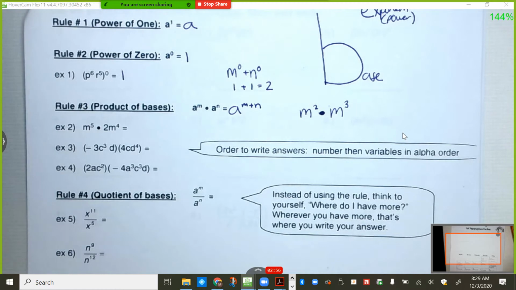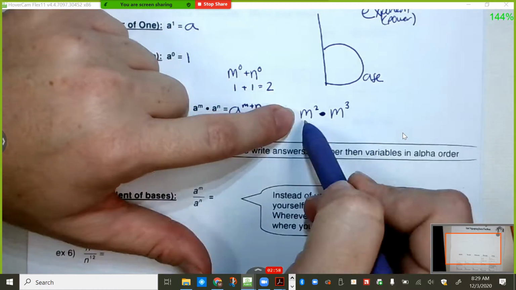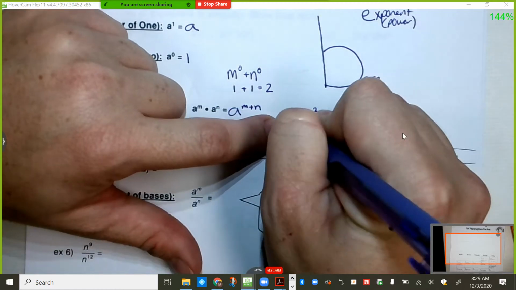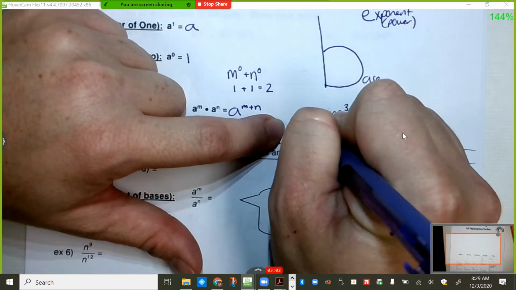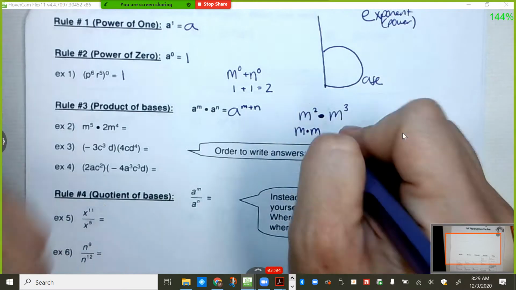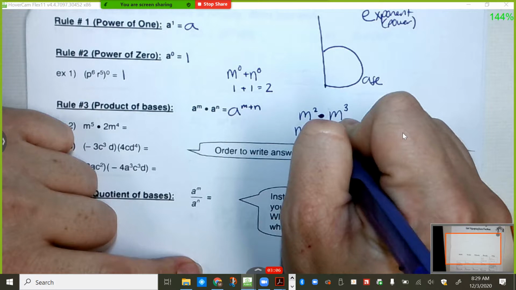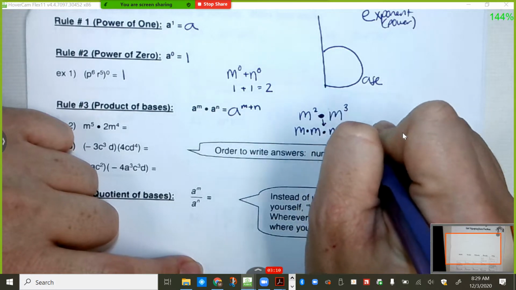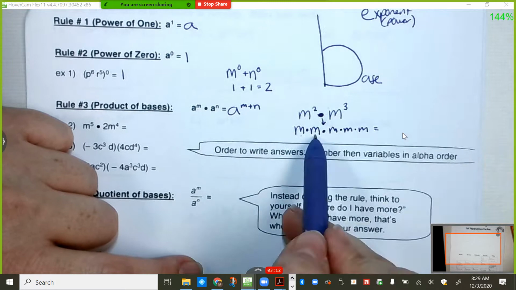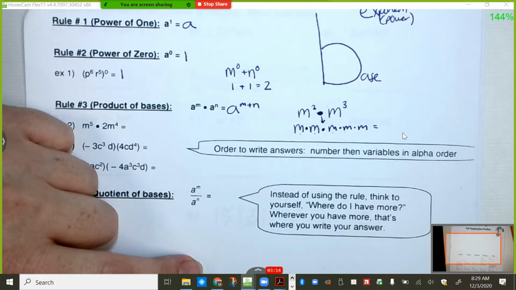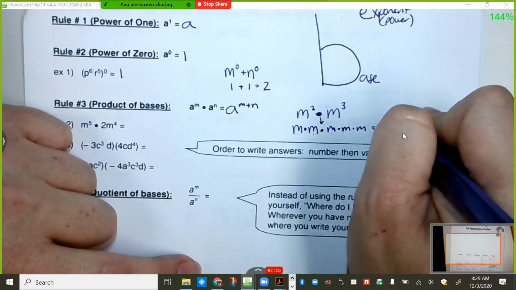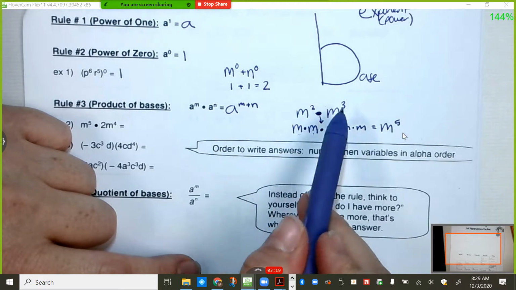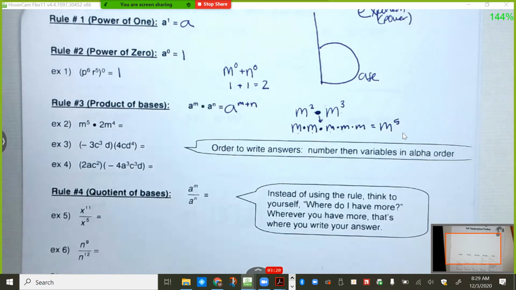Isn't that what an exponent represents? So if this is m squared, that's the same as saying m times m, right? Times, because there's this multiplication, m cubed, 1, 2, 3. Well, how many times is m being multiplied? So you just add your exponents, because exponents represent multiplication, so we're just saying how many times we're multiplying, okay?